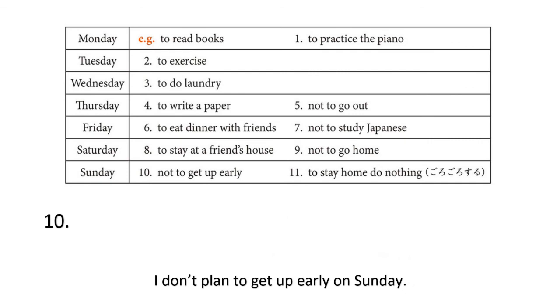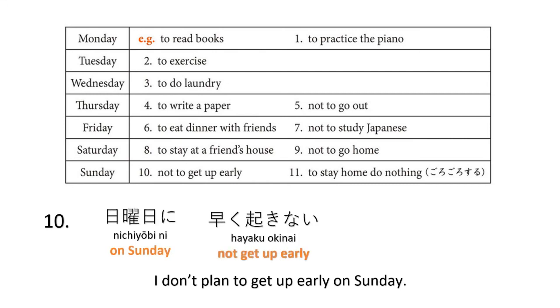And next we have, I don't plan to get up early on Sunday. So, negative again. And Sunday in Japanese is nichiyobi. Nichiyobi ni hayaku okinai. So, okiru, okinai. Tsumori desu. Nichiyobi ni hayaku okinai tsumori desu.